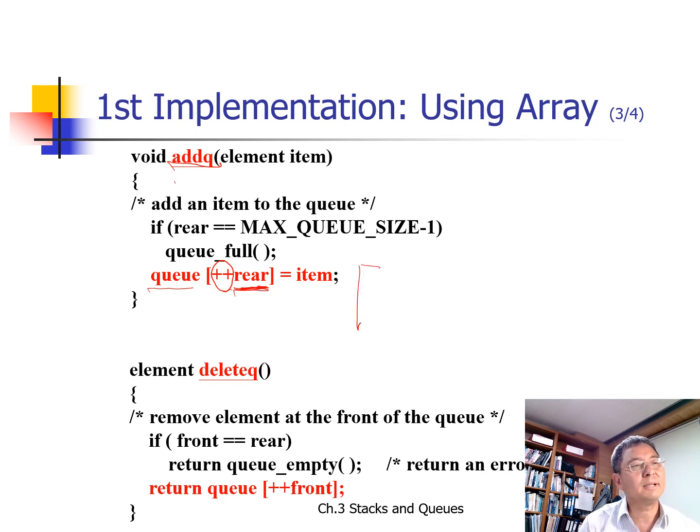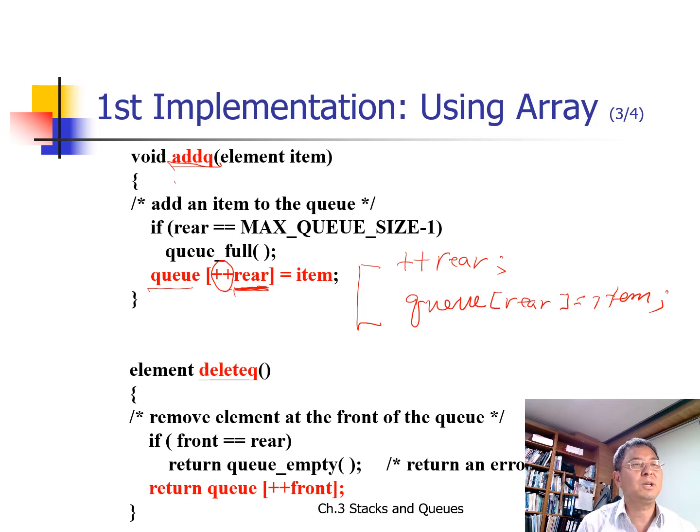You can write down two lines which have the same meaning as this one line. Rear is increased first, and then the data will be stored at that position. So you must be careful about the location of the plus.